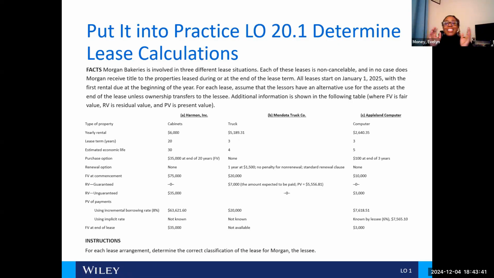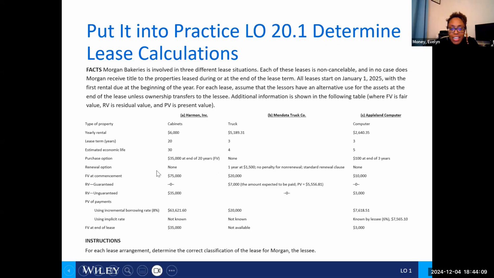But because this is so fun, we have to go through all of the tests. You don't have to. You meet one criteria, you're done. But I like to go through all the tests just to make sure that you thoroughly understand. All right, the next one is the bargain purchase option test. And I see that for purchase option, there is not one. So there's no bargain purchase option. So that test is not met. Let's see.